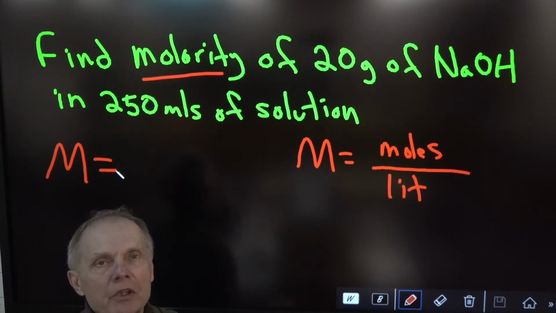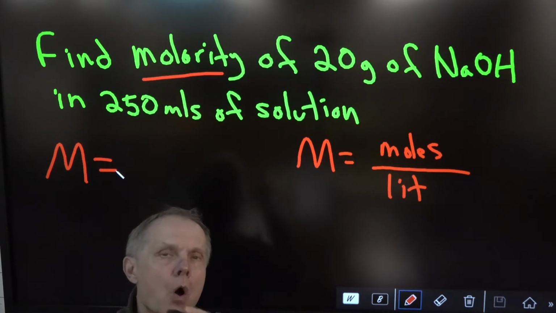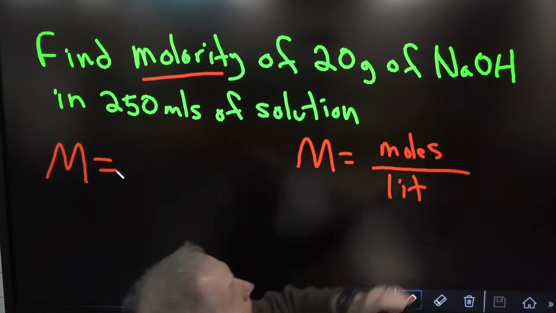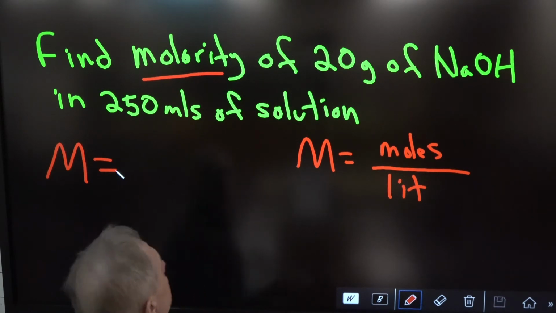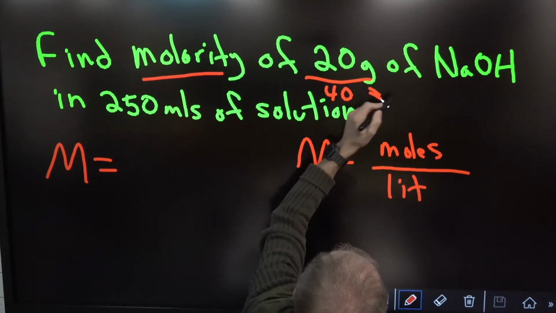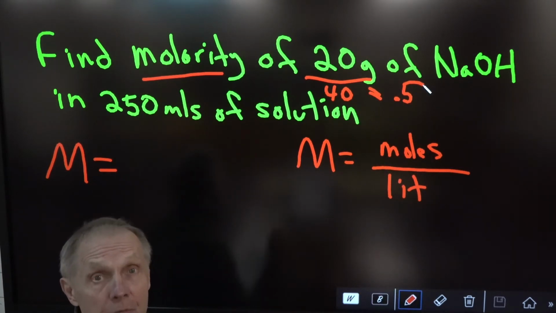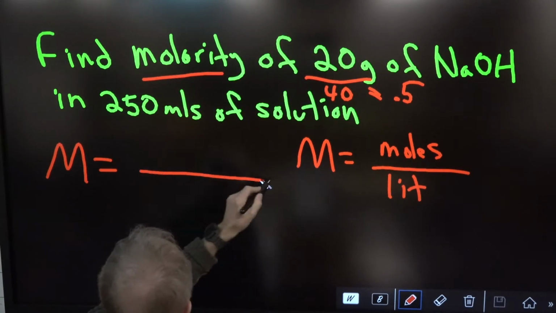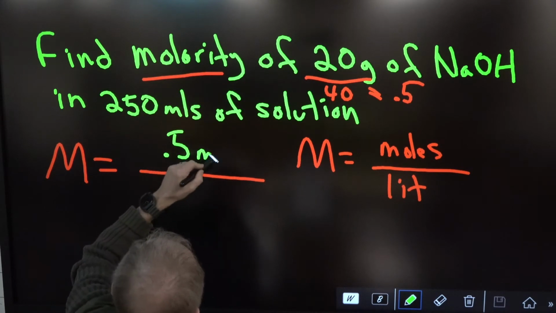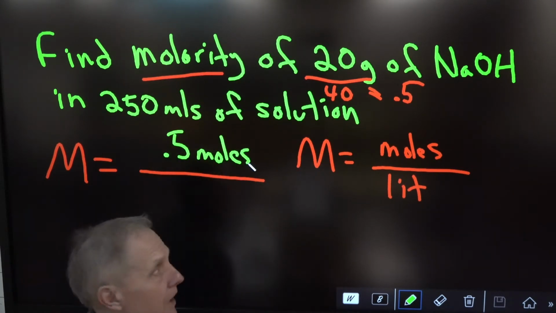And the way you convert grams to moles is whatever they give you goes on top over the molar mass. So NaOH weighs 40 grams. So this would be 20 divided by 40, and that equals 0.5. So that's 0.5 moles of sodium hydroxide on top.